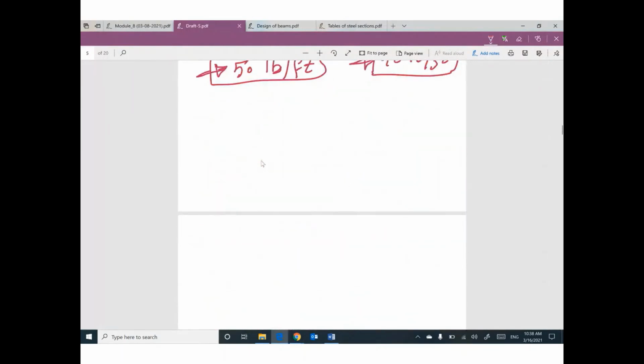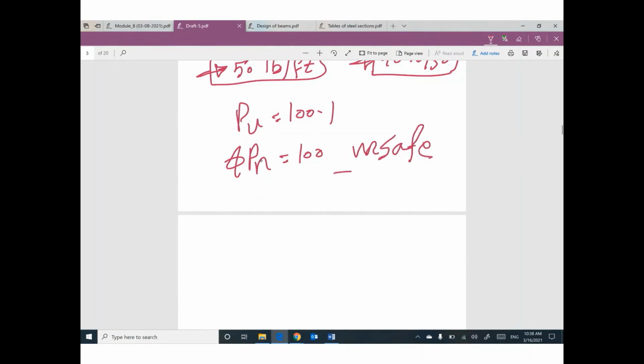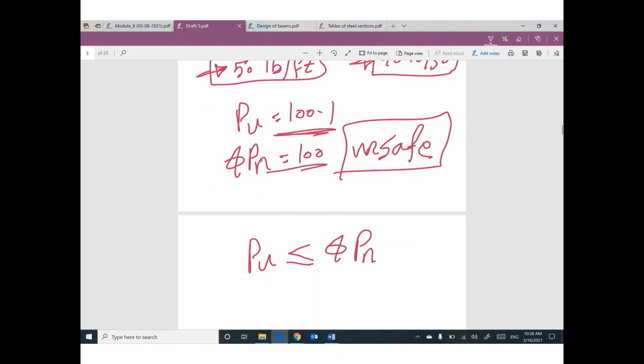In this case, if P ultimate equals 100.1 and phi PN equals 100, no, it's unsafe. You have to make sure P ultimate is smaller than or equal to phi PN. In this situation you are more critical, so don't be in this situation.